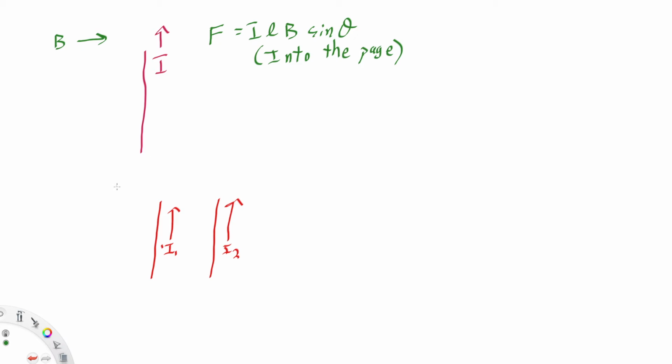There will be a B field due to wire 1, which is equal to mu naught I over 2 pi r, where r is like the distance from wire 1. So let's actually say these two wires are a distance r apart. And the direction here, by the right-hand rule, the B field is going to be coming out on this side of wire 1. It's going to be going into the page on this side of wire 1.